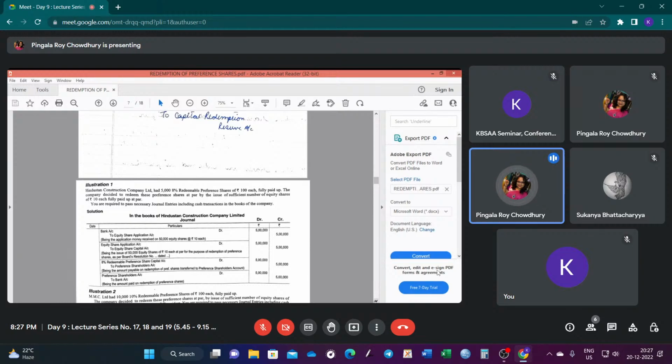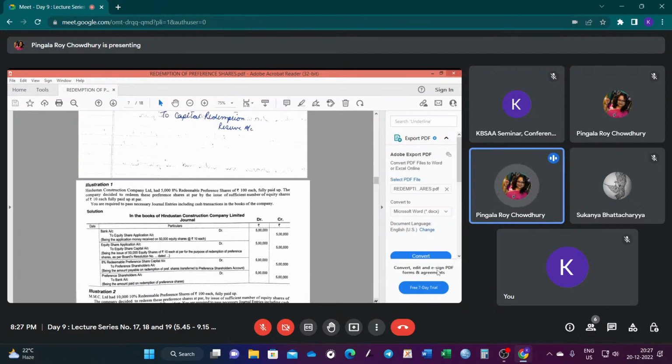So firstly, why do we need to issue these equity shares? We need to issue these equity shares because we need money for redemption. Now, what amount of money do we need? We have to redeem 5,000 preference shares at rupees 100 each. So we will be needing 5,000 into 100, which is 5 lakh rupees. So we need a total of 5 lakh rupees for redemption, which means an equivalent amount has to be issued.